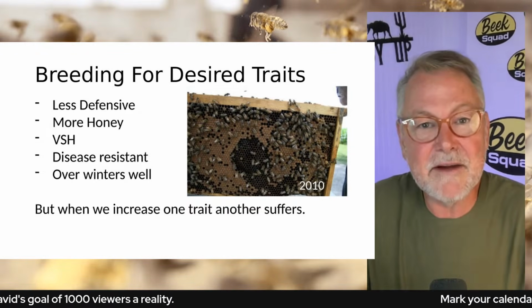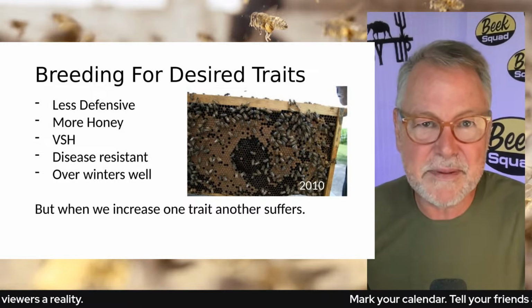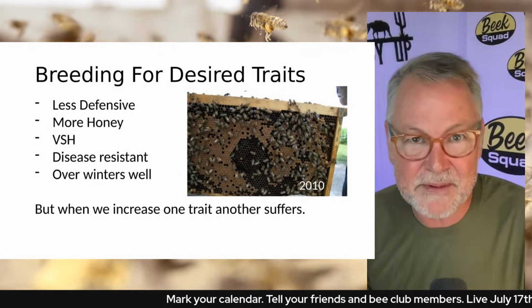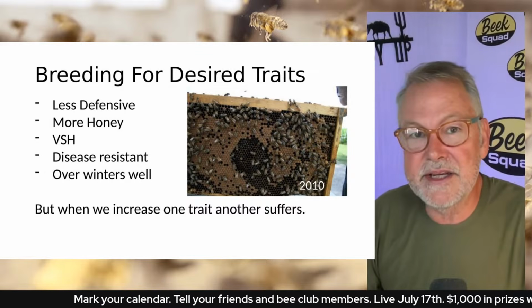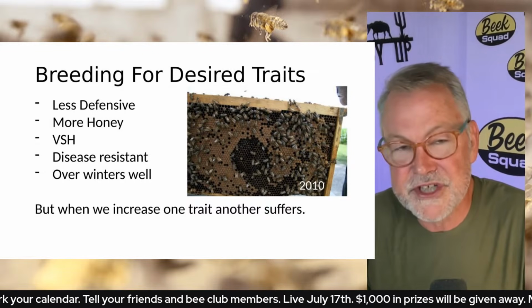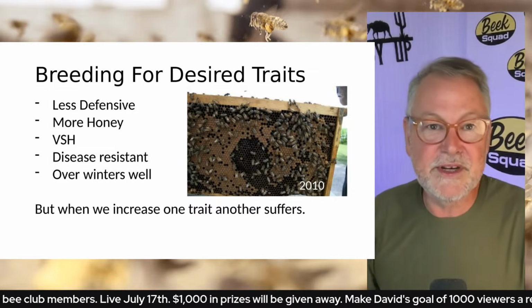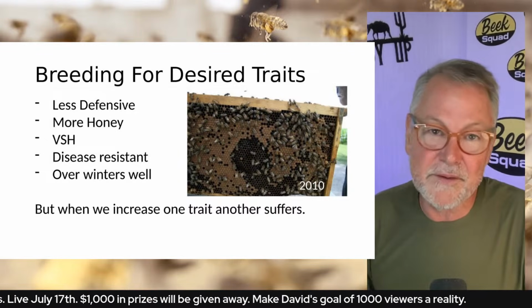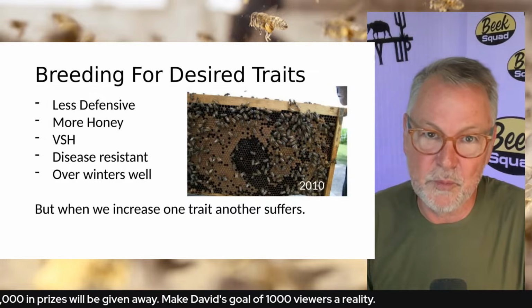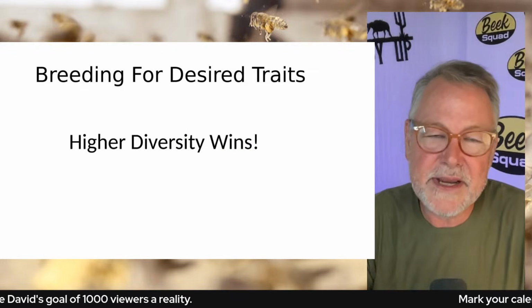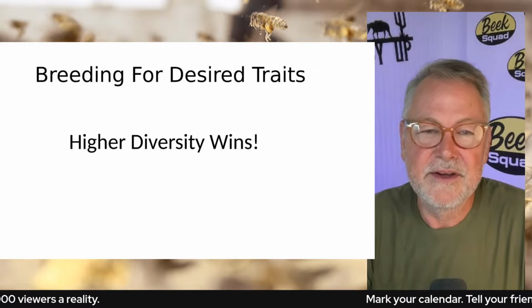I mean, we don't even think about this sometimes when we wonder, why are all the bees dying in the winter? Why are there more die-offs? I'm not saying that that's because we are trying to improve genetics. I'm not accusing anyone of doing that. I'm just saying, would we one day find that to be the case? Because one of the traits I'm looking for is to be able to overwinter well. That's a thought.